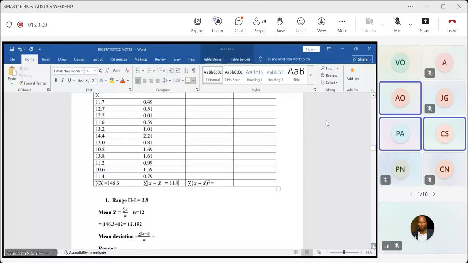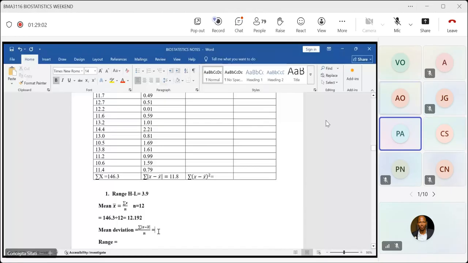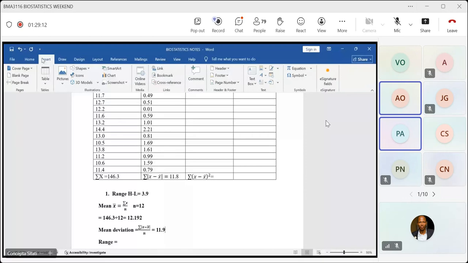Our mean deviation will be 11.8 divided by 12.